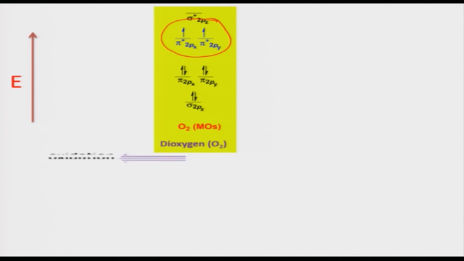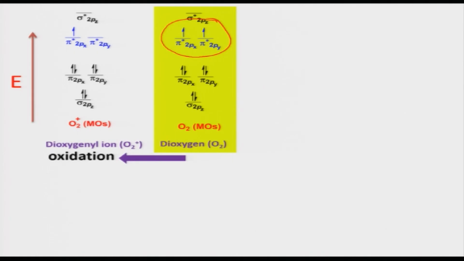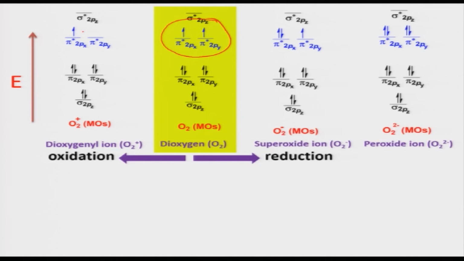Now, what would happen if you oxidize by 1 electron? The electron which would be removed is from antibonding, then it will form dioxygenyl ion O2 plus. If we reduce it by 1 electron, it will generate O2 minus, which is called superoxide ion.